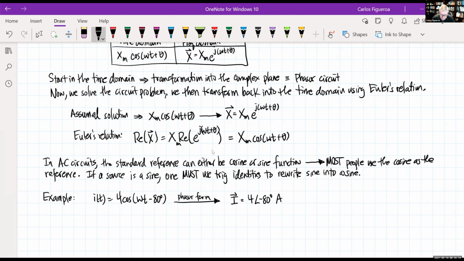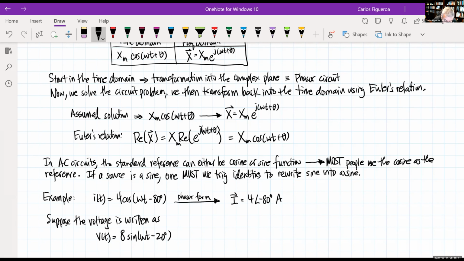Now, suppose the voltage is written as v(t) equals 8 sine(ωt minus 20 degrees). Well, that's no good.